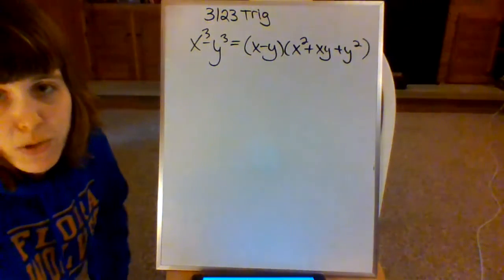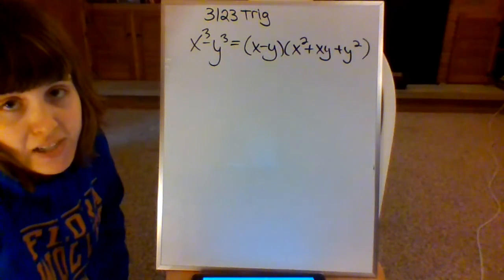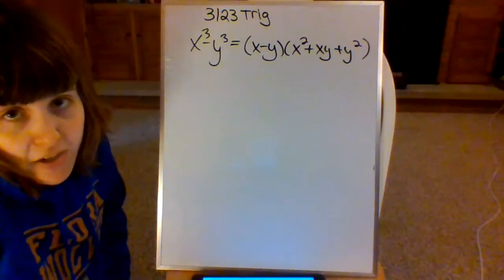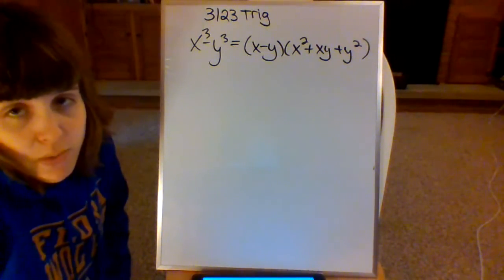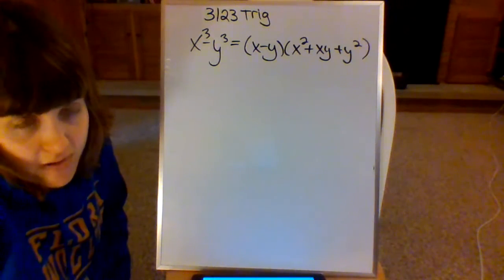Okay, so the generic formula is going to look like that. We're going to have x minus y, x squared plus x times y plus y squared.